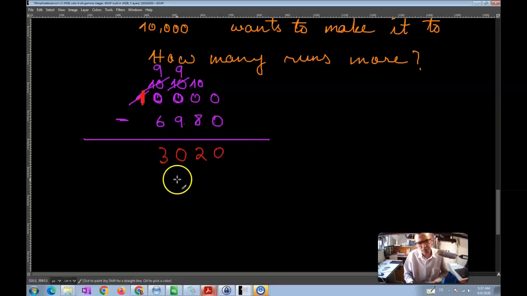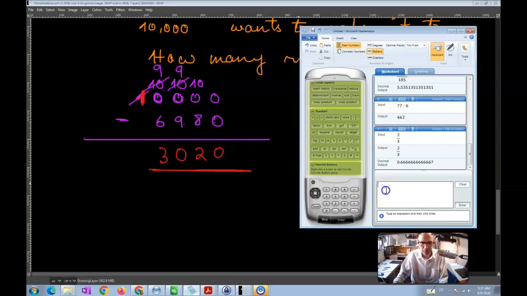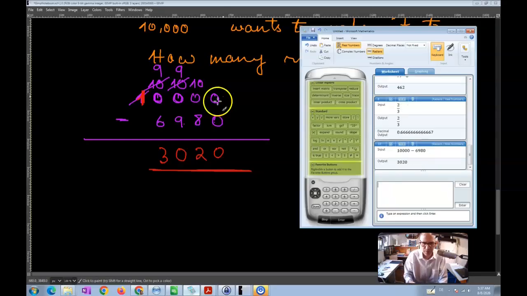So essentially the answer would be 3020. Okay? And if you do this on a calculator, the 10,000 minus 6,980 would be the same thing as 3020. Right?